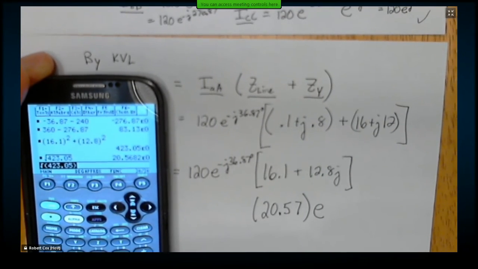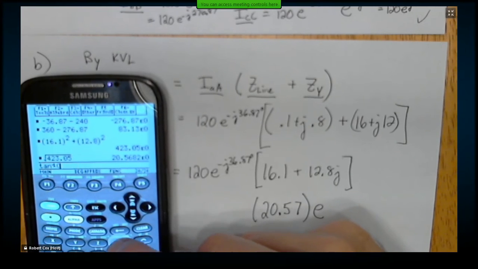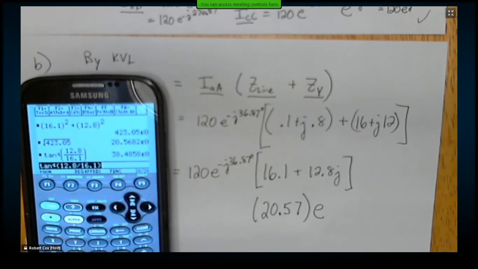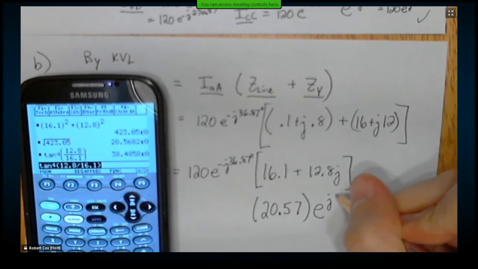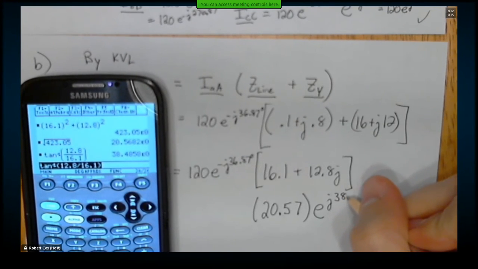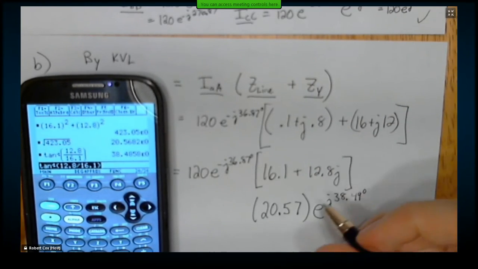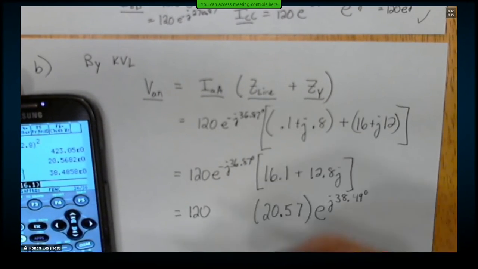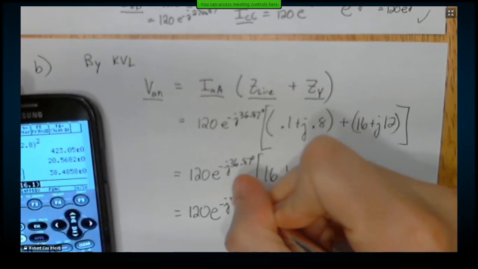With an angle of inverse tan of the imaginary part, 12.8 divided by 16.1, e to the j 38.49 degrees. Now that's pretty easy to multiply.